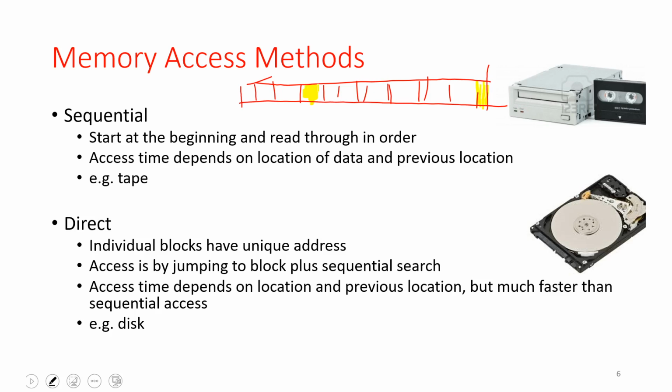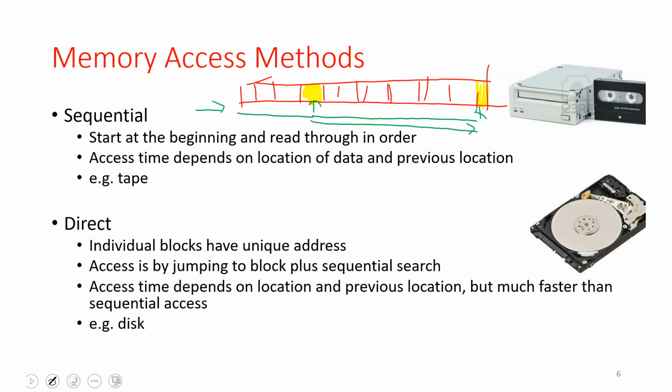What we will have to do is start from the beginning of the tape. We will have to go through the tape, read this one, and then continue going and then read that one. But we will have to pass through all these places to reach that. So that is the basic idea of sequential access.